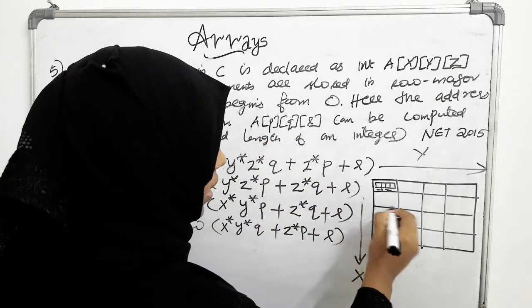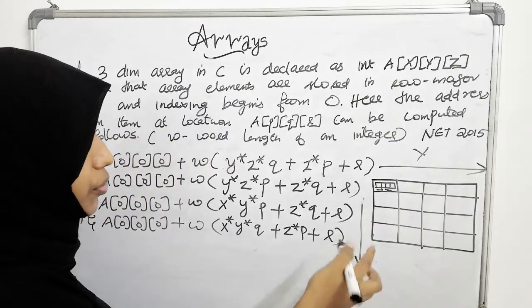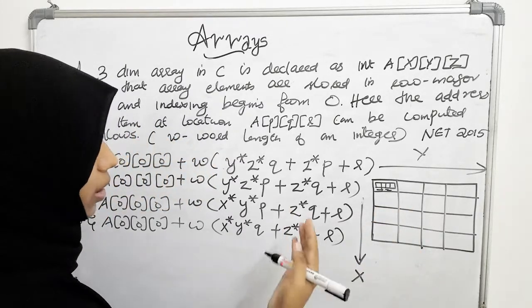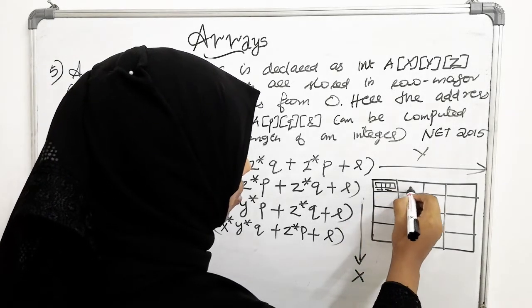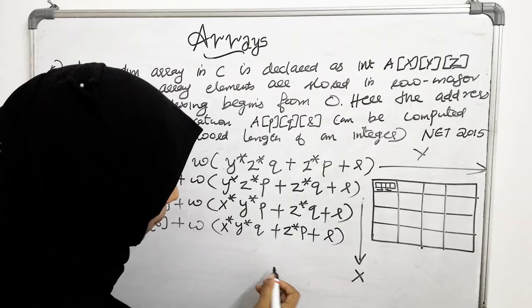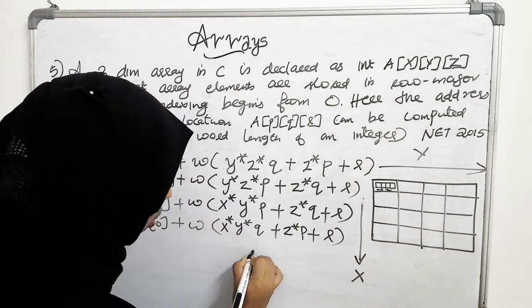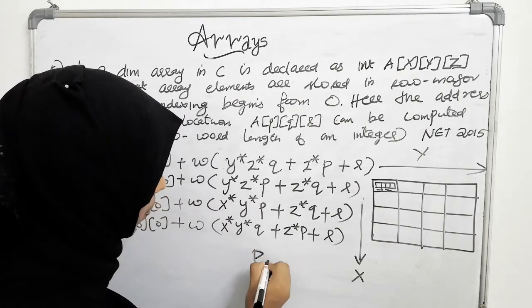So we have to pass p rows, and each of the p rows contains y columns.